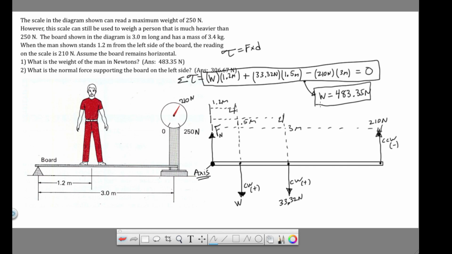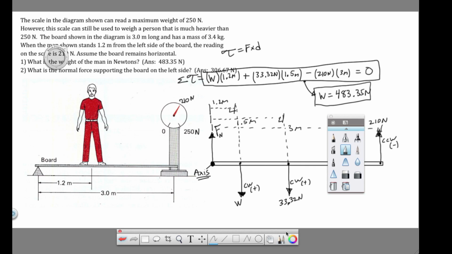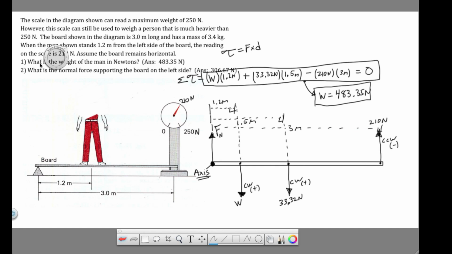Okay, now the second question can be solved with summing of forces. Let's see, I'm going to erase this here, make some room. We'll do it over here. Okay, so the way we're going to answer the second question is by summing the forces.